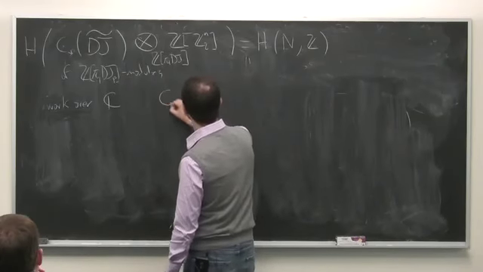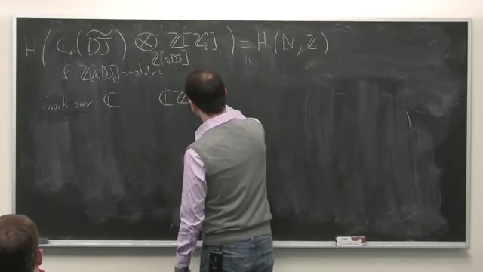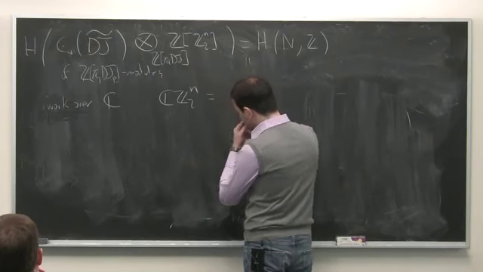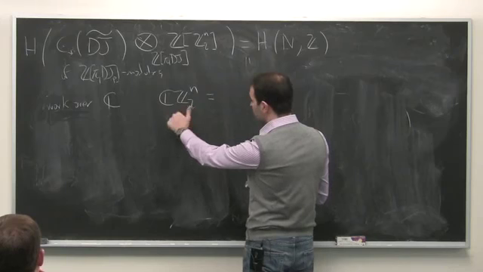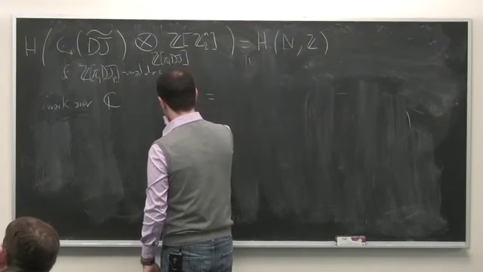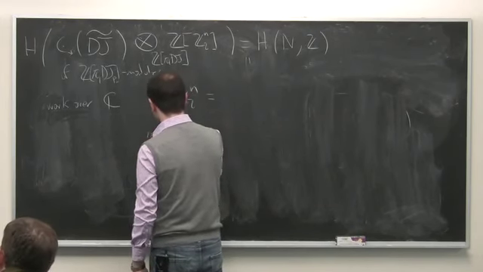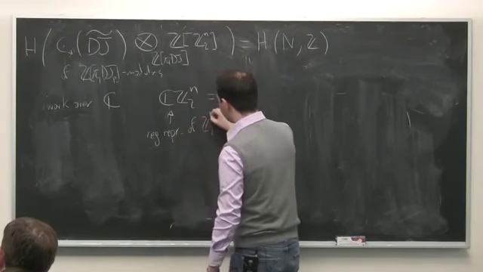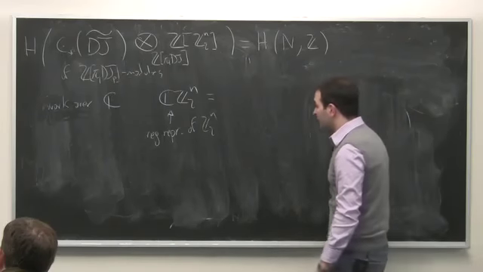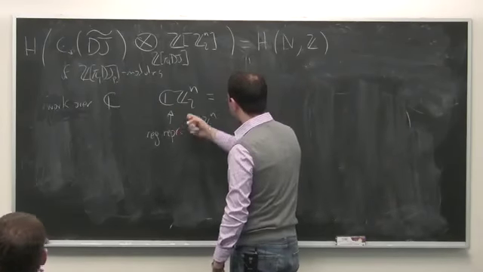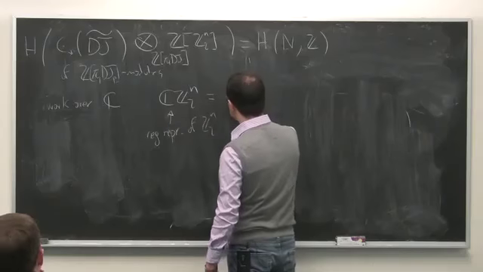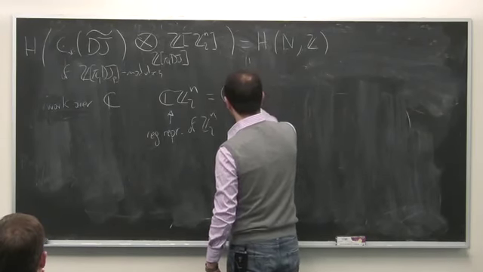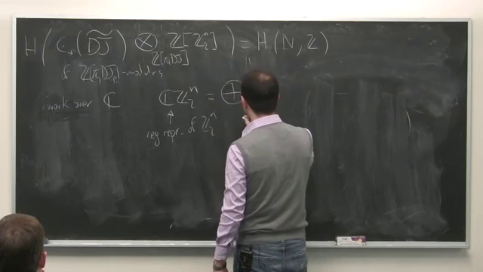What happens is that this group ring, we see it as corresponding to the regular representation of Z_2^n. And from the representation theory of finite groups, this completely decomposes as a sum of irreducible modules taken with multiplicity.